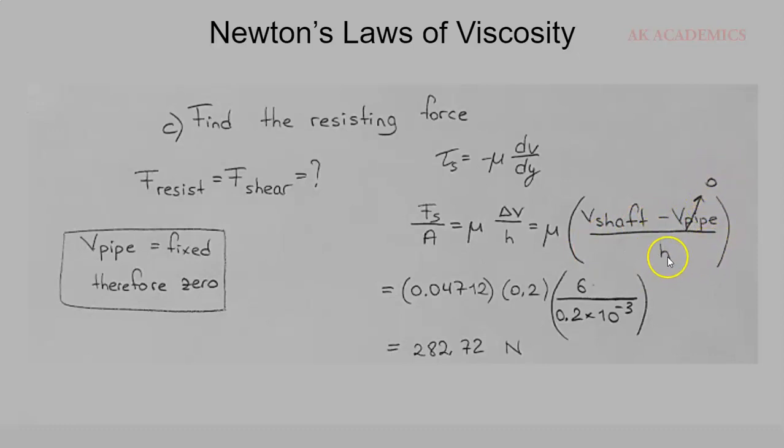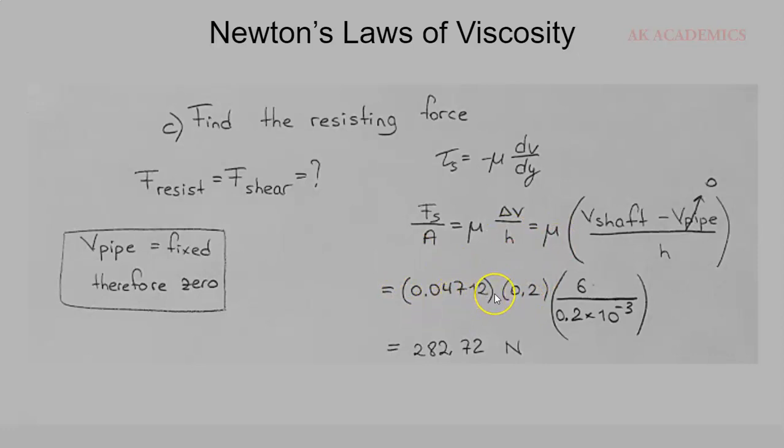And then we have our H here representing our delta Y, by the way. So you all know how we got here in the first place. And with all of these, we can have our Fs over A is equal to viscosity times V shaft over H. We know our viscosity is equal to 0.2. We know that. We found our area to be 0.04712.